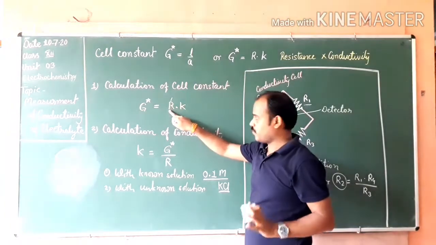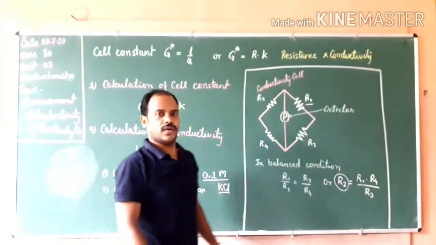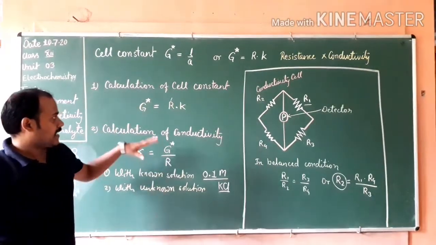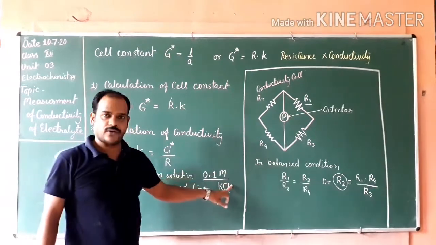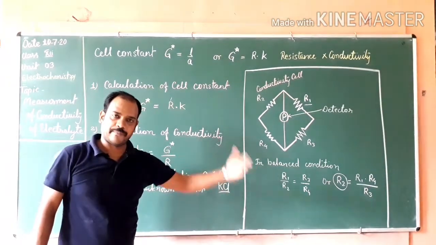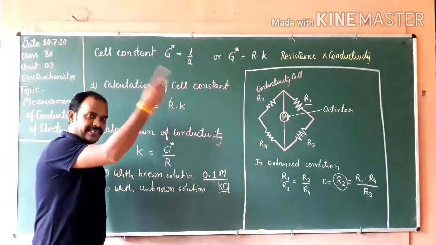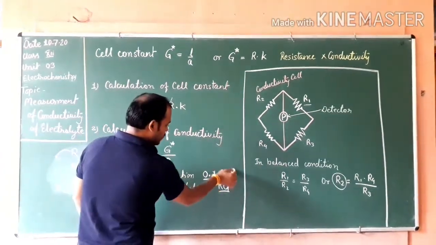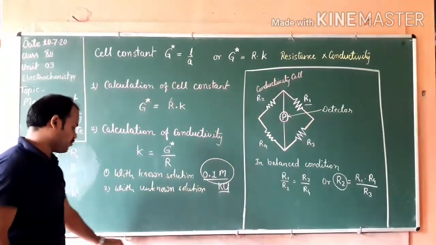Conductivity: the scientist Kohlrausch has already calculated the conductivity of KCl solution at different temperatures and different concentrations. From that table we can find the conductivity of 0.1 molar KCl solution.